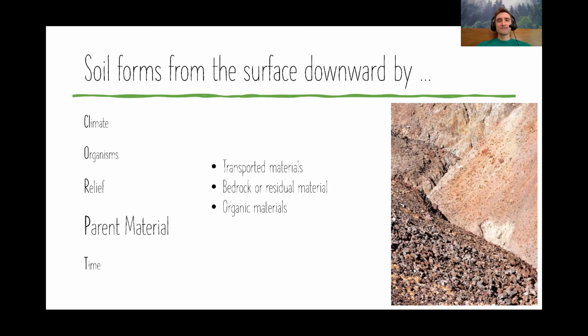We call that residual material. It could have been brought in with organic matter. This is not necessarily the organic component of soil we're talking about in this case. This is more like ancient organic deposition. So either it was in the oceans or on land. And then it can be transported as well. So let's take a look at how this works.